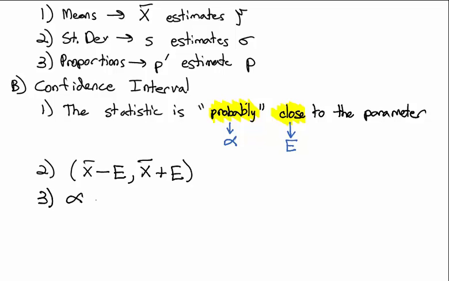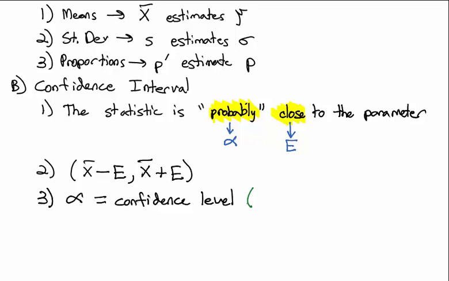Alpha, the other half, alpha is our confidence level. How confident do we want to be in our actual solution? The more confident we are, the more lax we have to be with our error.